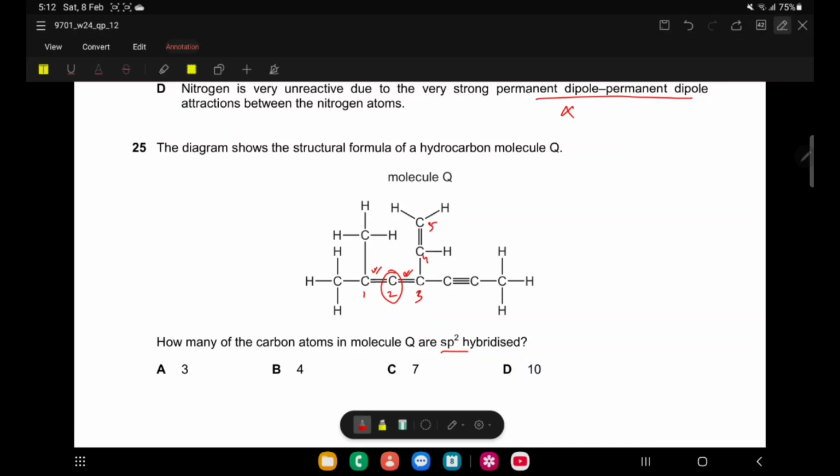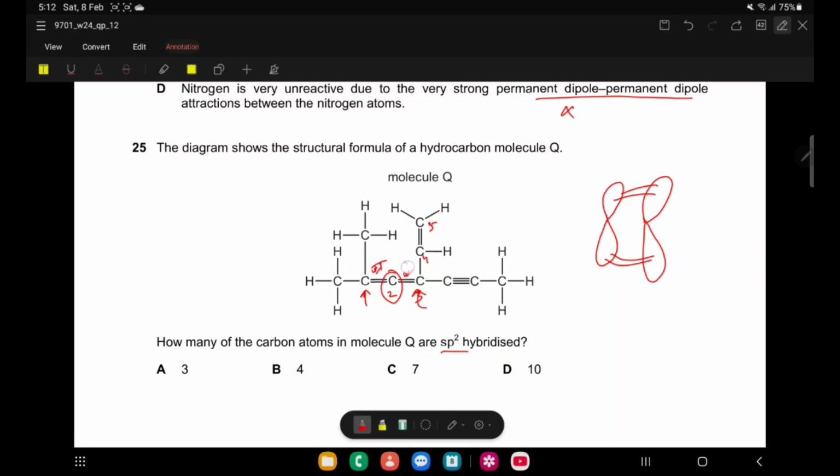We know that to form a pi bond we need one unhybridized p orbital. But as this one is connected with carbon number 3 and carbon number 1, both with double bonds, that means it has two pi bonds.